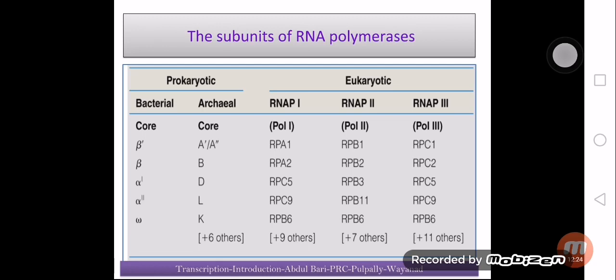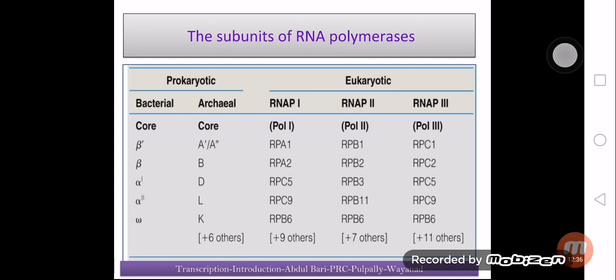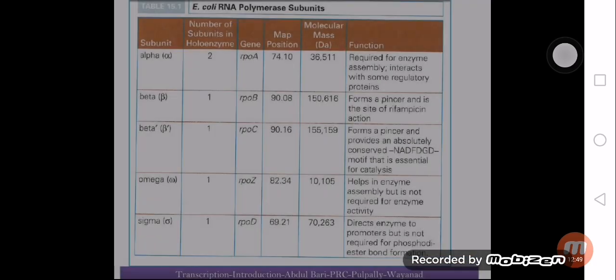That means these are the largest subunit of the RNA polymerase enzyme, which has a specific carboxy terminal domain, and these carboxy terminal domains will undergo phosphorylation during the elongation process, right? So these are the comparative structural details.